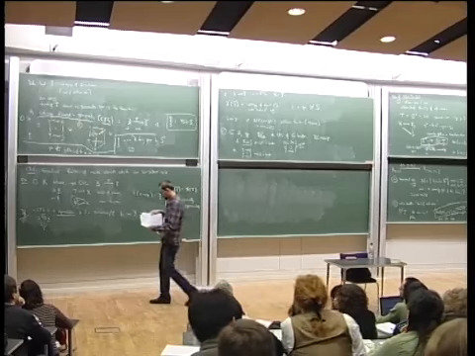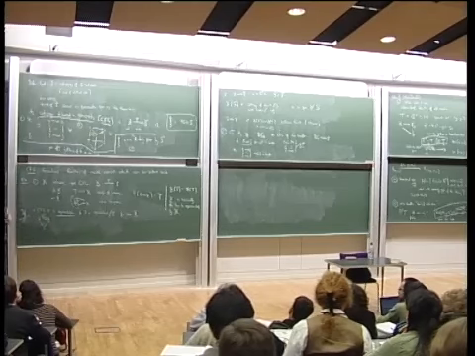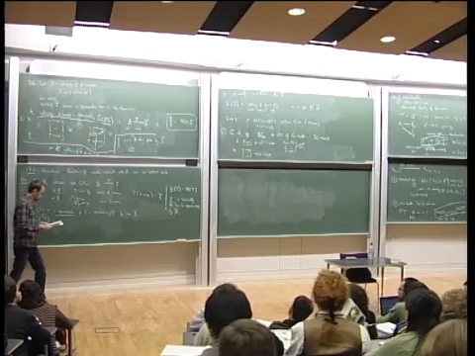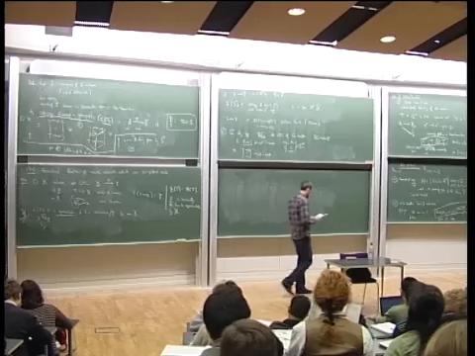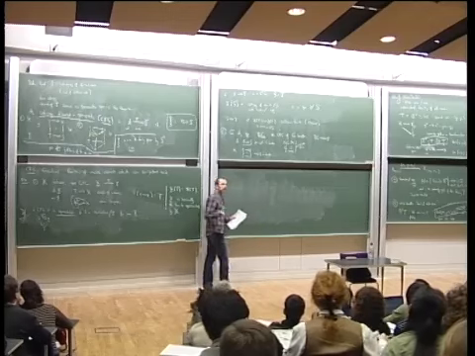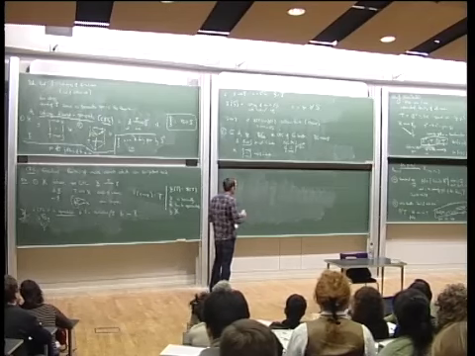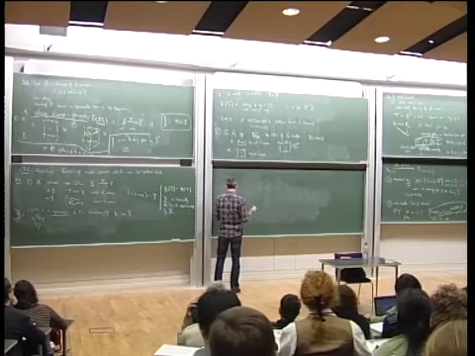Let me just try to wrap up. I just want to make a point here towards the end. I'll explain this in more detail tomorrow, just so you can see where this is going to go.